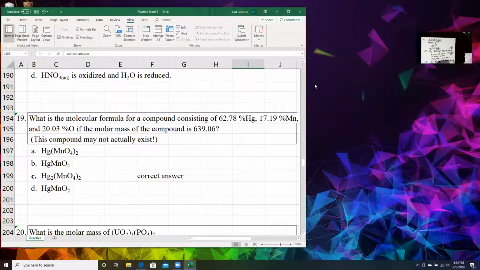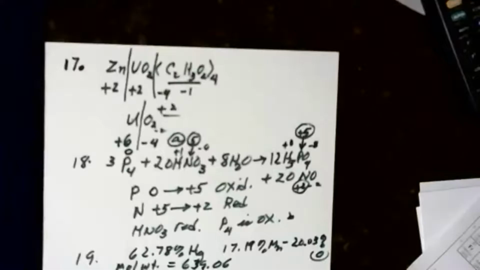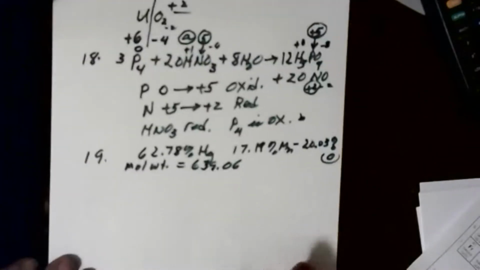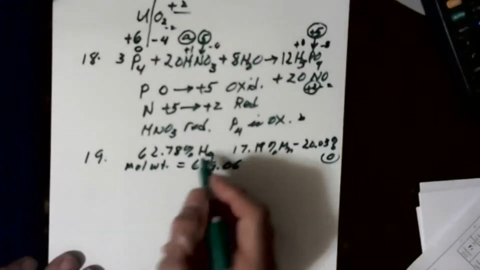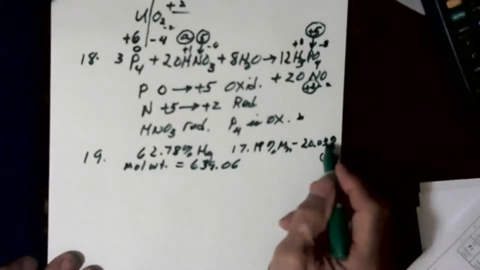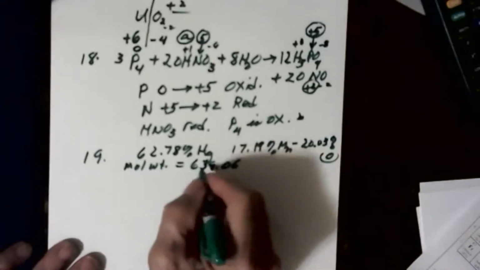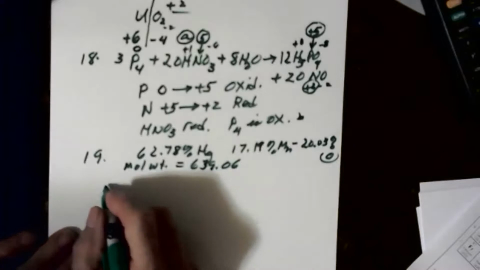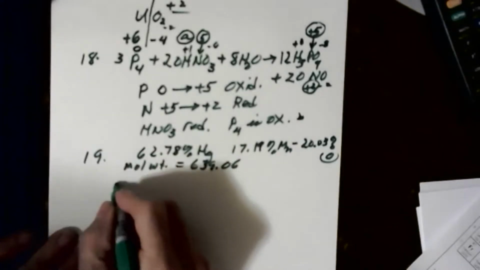Molecular weight is 639.06. Okay, now let me get it where you can see my pad again. So here's my pad with the data that I need. 62.78% mercury, 17.19% manganese, and 20.03% oxygen. Molecular weight, 639. Now, the way I'm going to do it is the way I showed you in class.